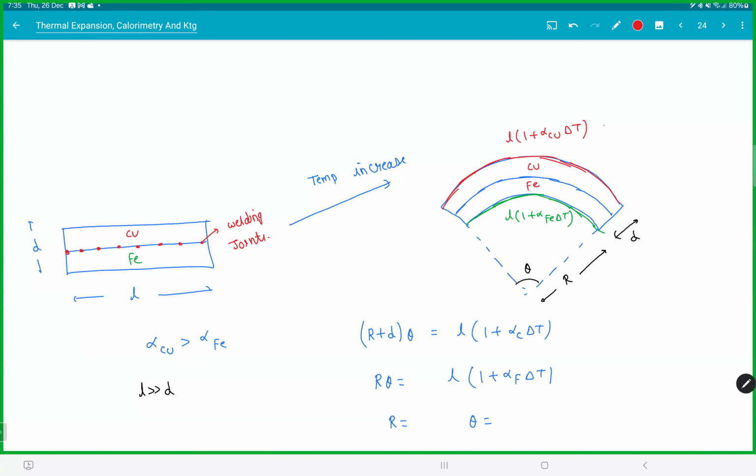Clear? Next thing. So that is about a bimetallic strip.